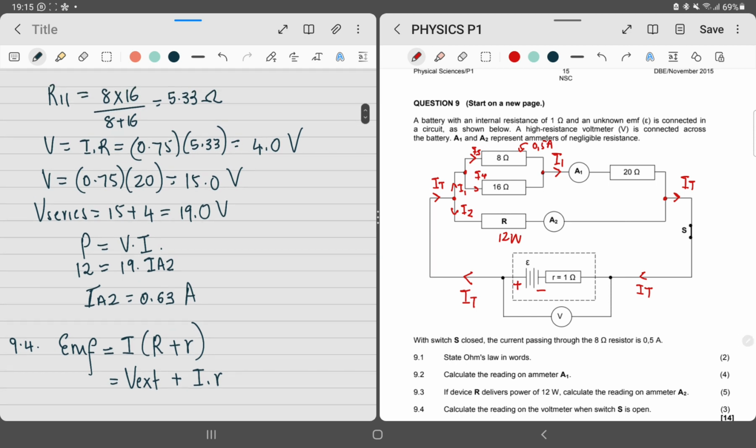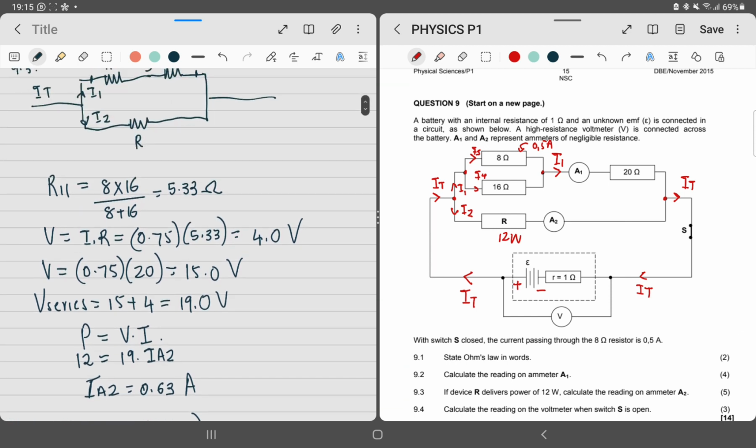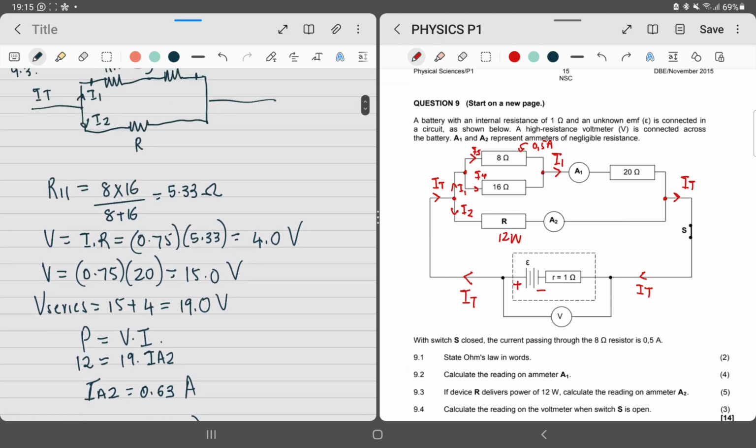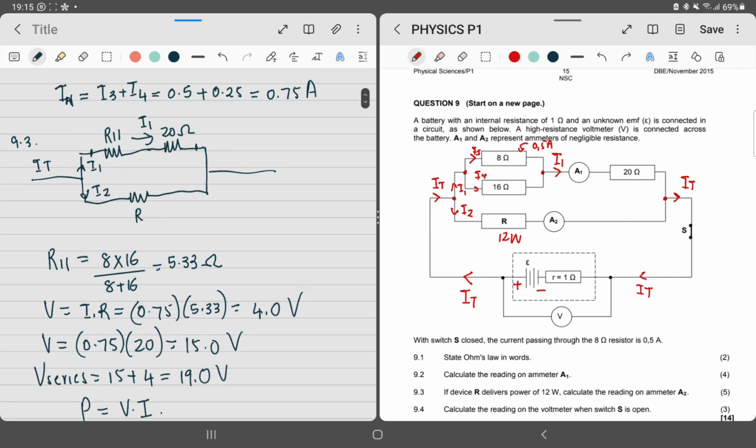So V external is going to be equal to 19. We said the whole of this and that are connected in parallel, so they should have the same potential difference.